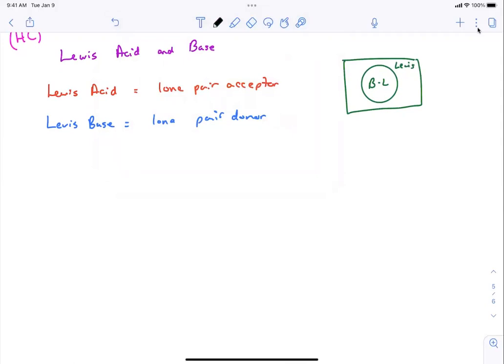So for example, and I'm going to draw this in a structural format so you can see what I'm saying. These two reactants here, HF, a weak acid, and H2O, a base, not a strong base.